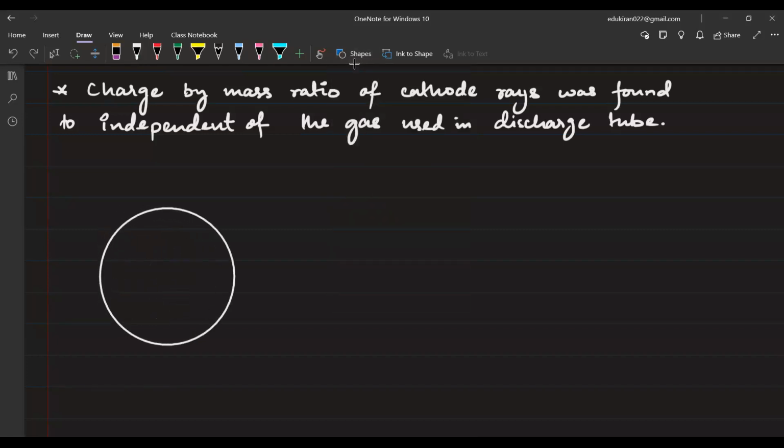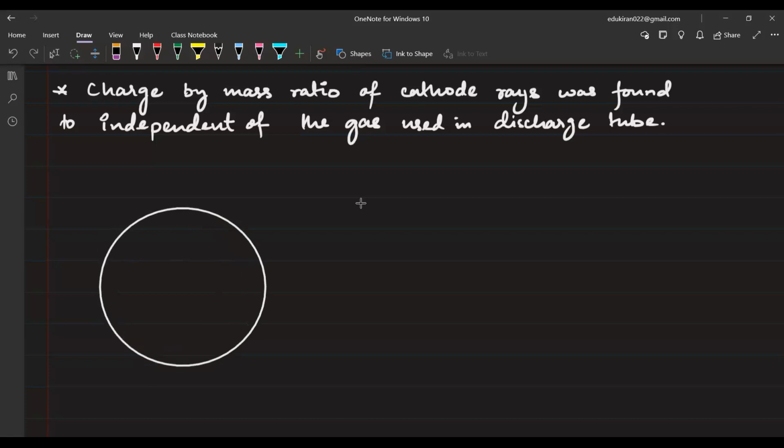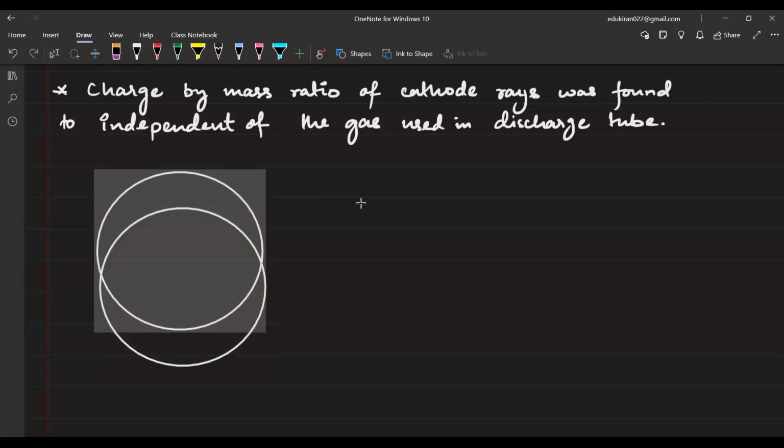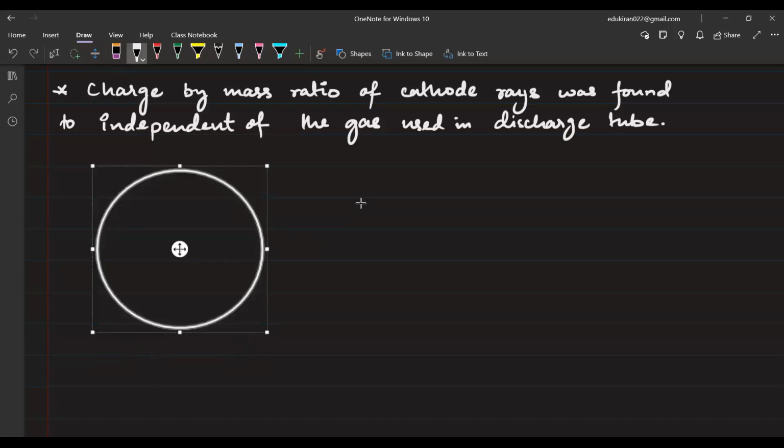And that particle can be taken out from the atom. We had the idea that there is an atom, but people did not know what things are there inside the atom or how things are composed inside an atom. Now from this experiment he understood that there is a negatively charged particle present inside the atom.